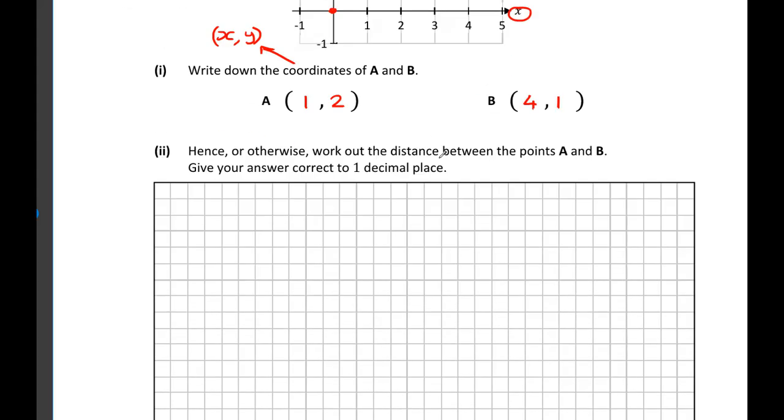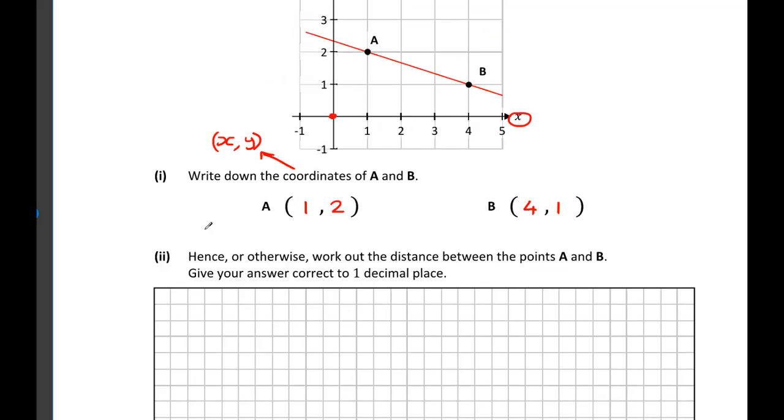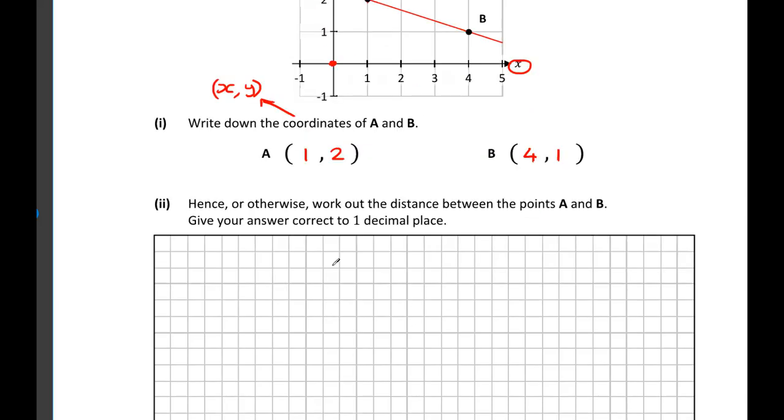Hence or otherwise. So hence just means using that information. Work out the distance between points A and B. Right. So I'm going to show you how to do that. Here you're going to use the distance formula. Okay.